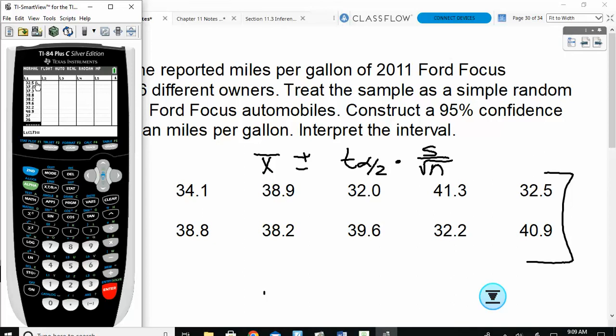Okay, everybody have those entered? So next we are going to go to Stat, Tests, number 8, the T interval.